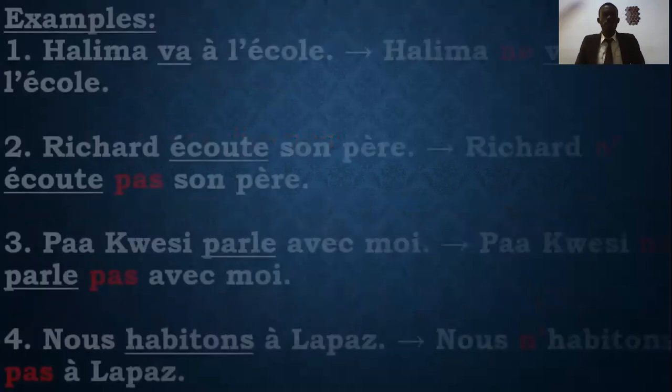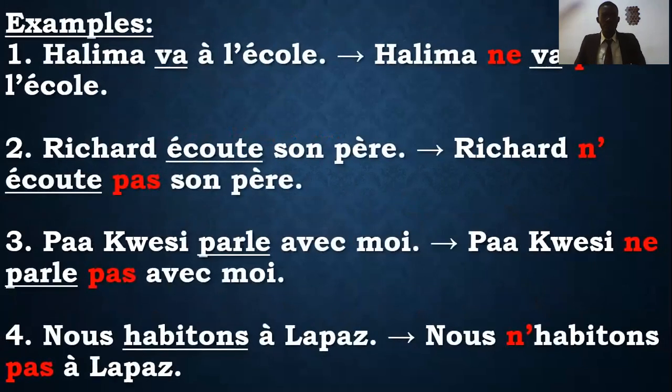Let's see some examples here. The first one, Alima va à l'école. In this note, I made sure I underlined all the verbs. So the underlined words are verbs. And the ne and pas are placed in red. So we have the positive sentence and then the negative one.